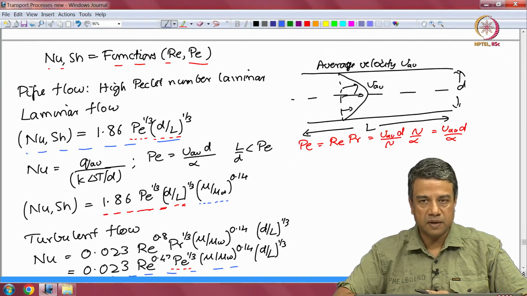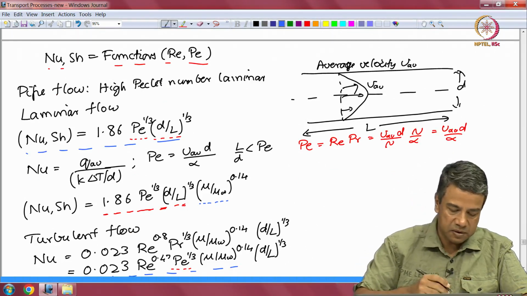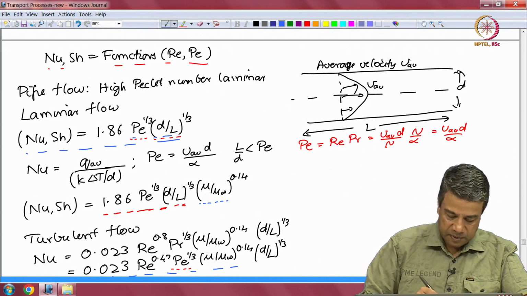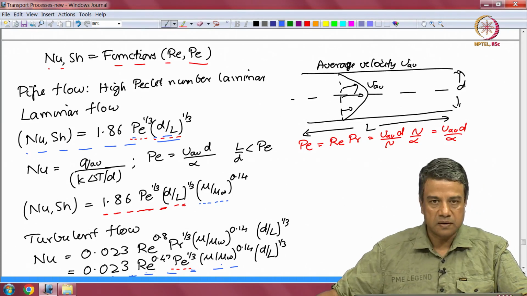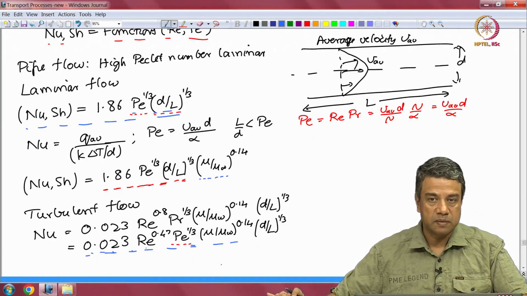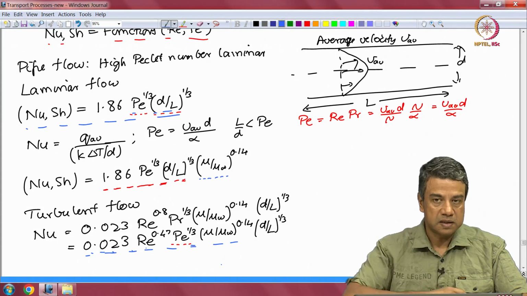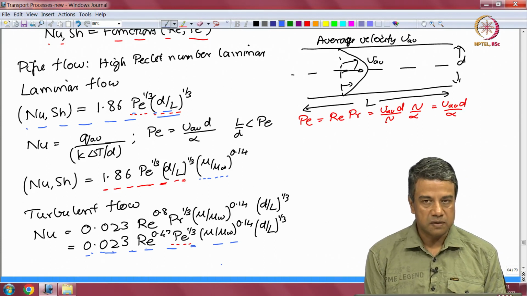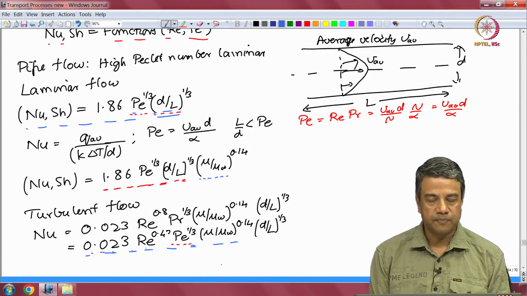for laminar flow in a pipe, once again it has to be proportional to the Peclet number itself. For turbulent flow in a pipe, you have a dependence on Reynolds and Peclet number simultaneously, okay, because at high Reynolds number, the flow pattern changes as the Reynolds number changes, okay. In contrast, at low Reynolds number or for laminar flows, the flow profile is the same.